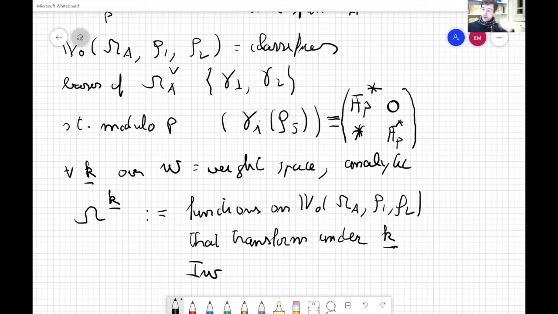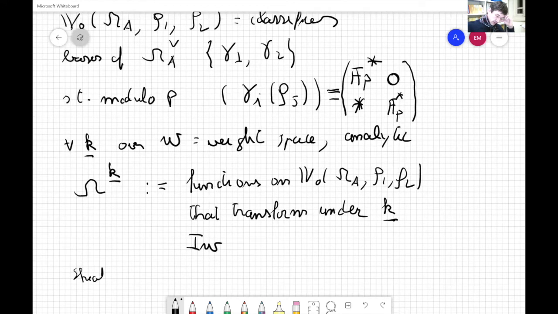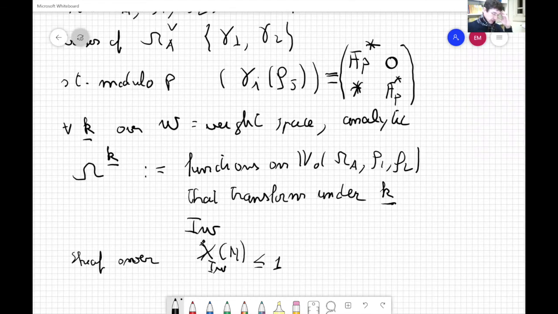Okay, so in the algebraic case, we had an algebraic action of the Borel. We took the functions that transform under an algebraic character k under the Borel, and we got a sheaf omega^k. You do things in the analytic setting, okay, and we get a sheaf over this X_Iwahori(n) less or equal to 1, over which you have those two sections that were floating around.